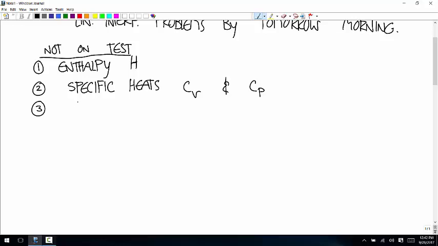And then I'm going to talk about incompressible modeling of materials. This is useful for liquids and solids.